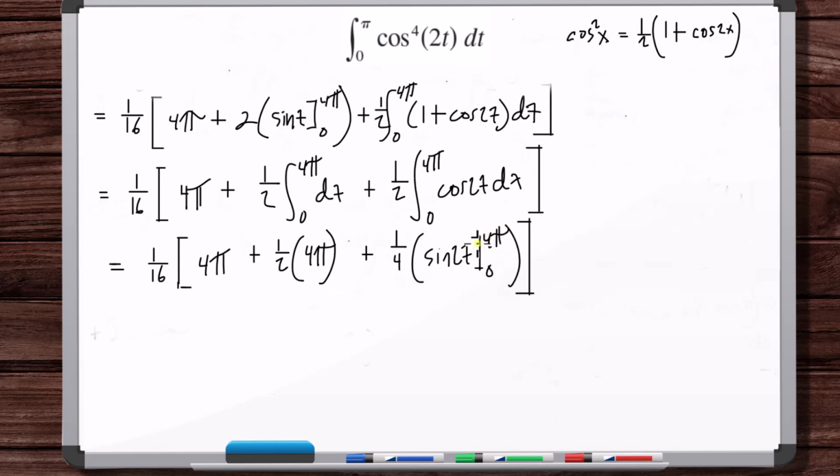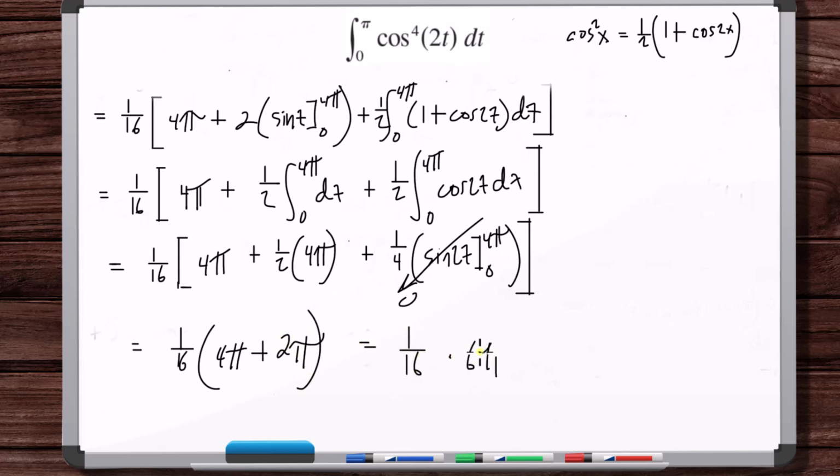This is 0, right? Yes. So we've got 1/16 times 4 pi plus 2 pi. 1/16 times 6 pi.